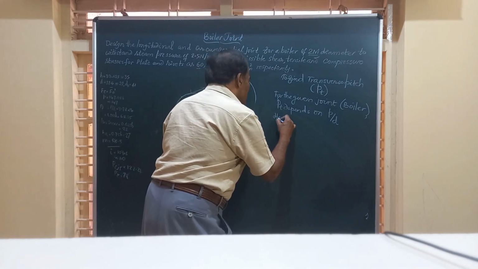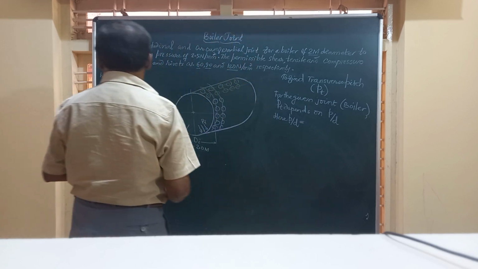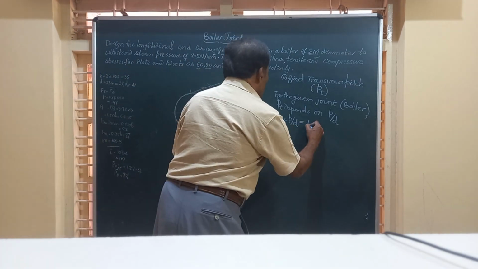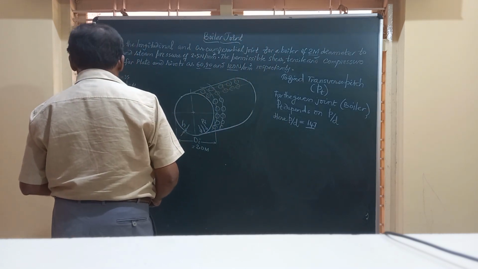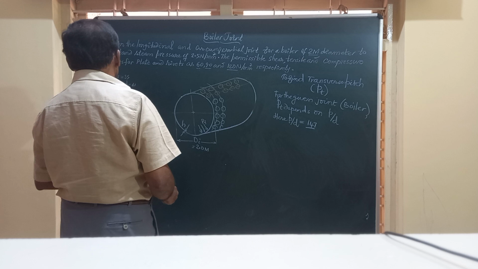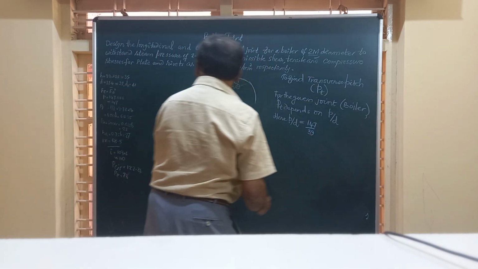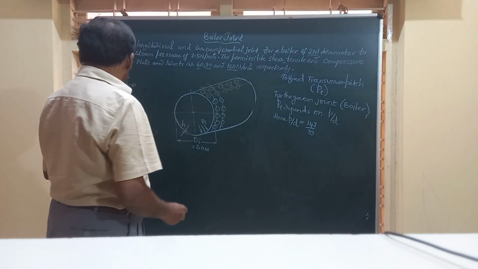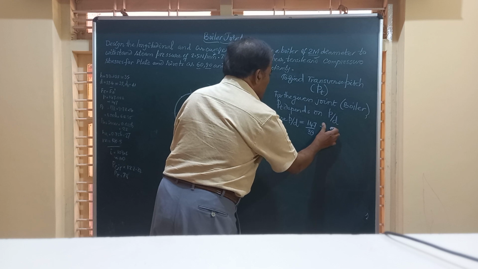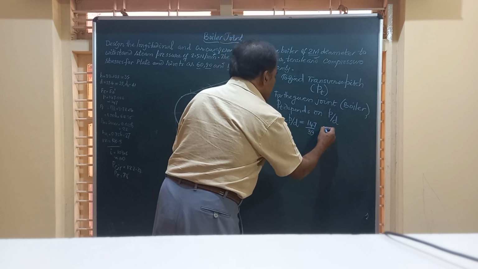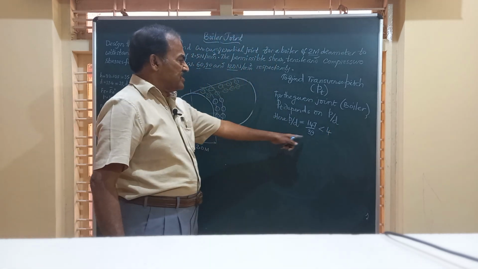Here P by D, P is equal to 147 and the diameter of the rivet, the value of D we have got already, that is 39. And this ratio works out, P by D is lesser than 4.